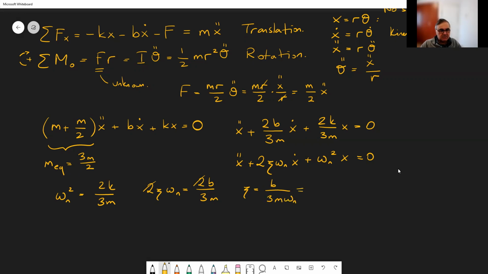Omega n is the square root of this. So 3 times b over 3m times the square root of, it is 1 over omega n, so it is 3m over 2k.